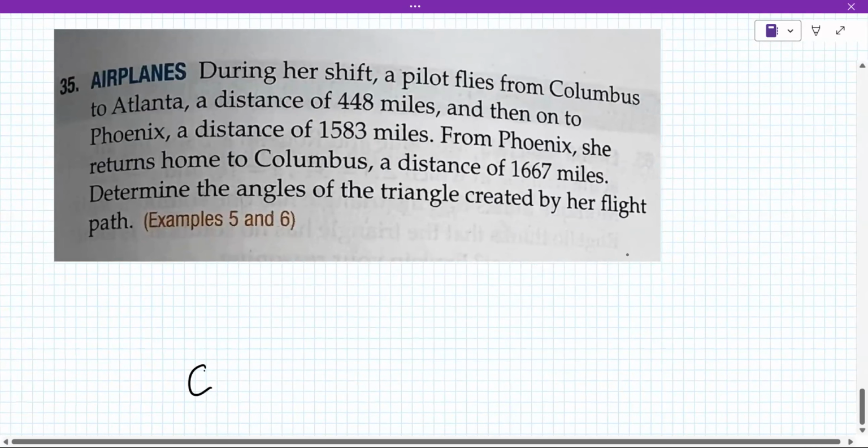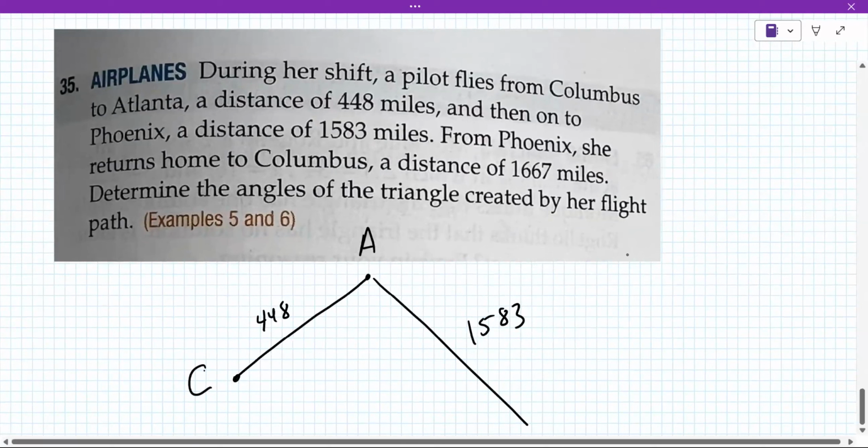We're just going to say Columbus, Atlanta, even though that may not be right. 448 miles. And then on to Phoenix, 1,583 miles. And then back to Columbus, 1,667 miles.